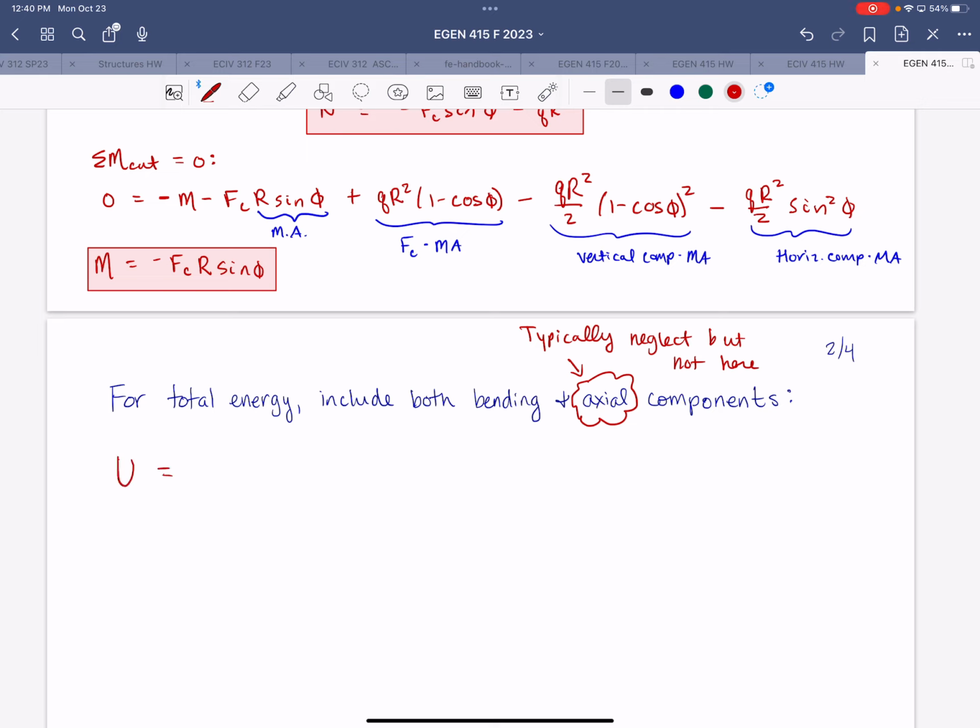All right, so our strain energy expression, 1 over 2 EI times the integral of M squared R d phi plus 1 over 2 AE for the axial energy times the integral of N squared R d phi.